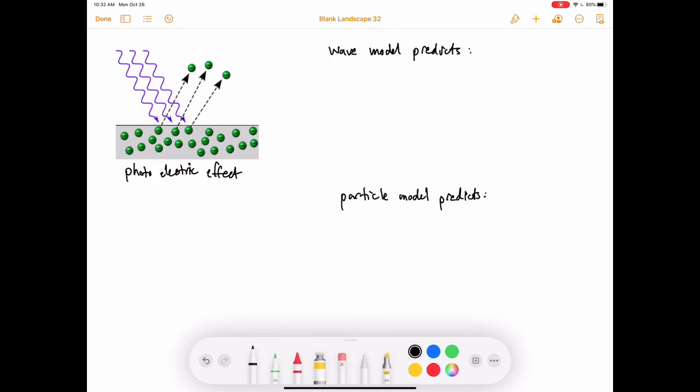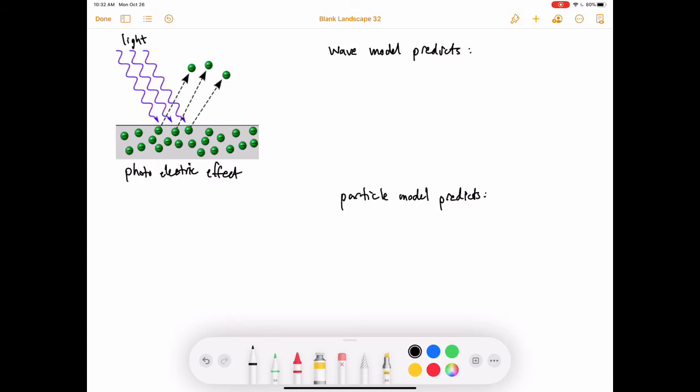So here, let's try to think about what each model of light, the wave model and the particle model, would predict about the photoelectric effect. So again, the idea is we have light coming in, hitting a metal surface, and then ejecting electrons from the metal surface. So how do we expect this to work if light is a wave?